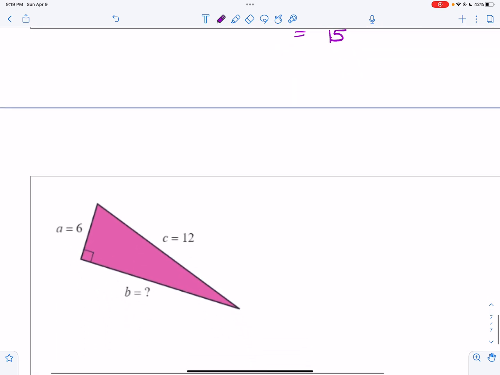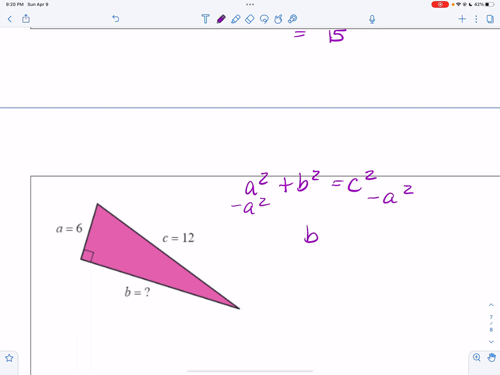Now, in this case, I'm looking for b, so I'm going to give you a shortcut formula. a squared plus b squared equals c squared is my original formula. If I subtract a squared from both sides, I get b squared is equal to c squared minus a squared.